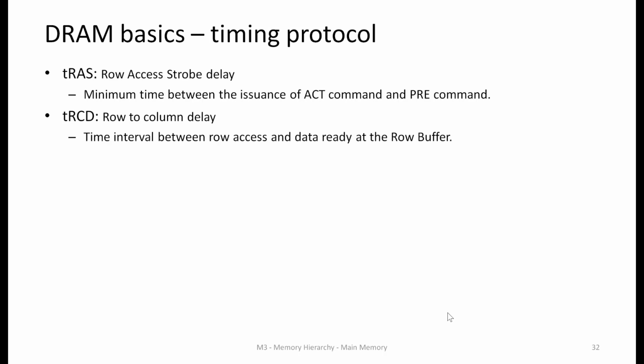This is the minimum time it would take for us to read a row and write it into the row buffer. So the way to interpret this delay is, this is the minimum time between an ACT and a CAS.